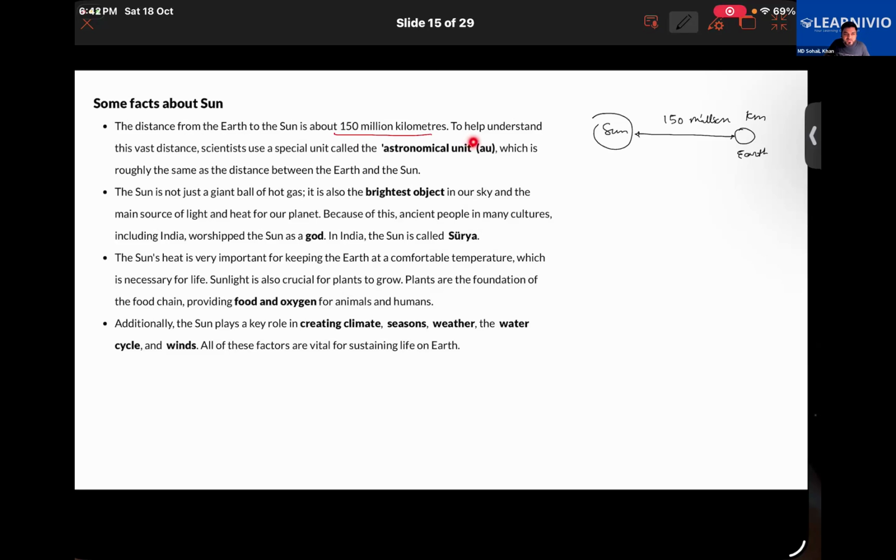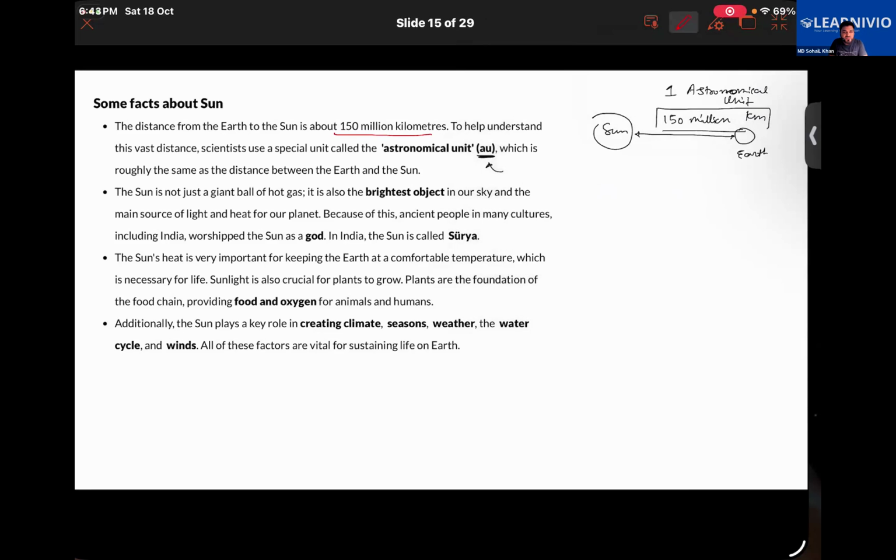Now to help understand this vast distance, the average distance between the sun and the earth has been called one astronomical unit. Getting it? That's right. So the distance between the earth and the sun, that we call one astronomical unit. In short, we write it as AU, like shown over here.